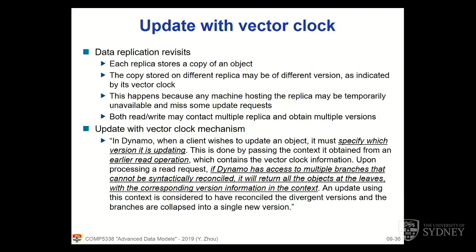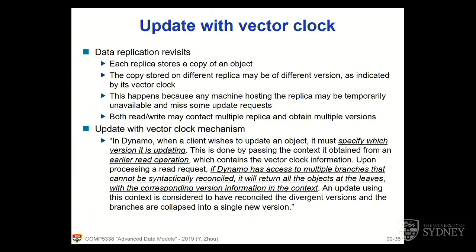Okay, so how do we update with vector clocks? Remember, each replica stores a copy of an object, and the object is associated with a vector clock that indicates the version. Each machine might have a slightly different vector clock, because they might be unavailable during some writes and miss one or a few, then get picked up and continue with the others, while some other machine might be down.